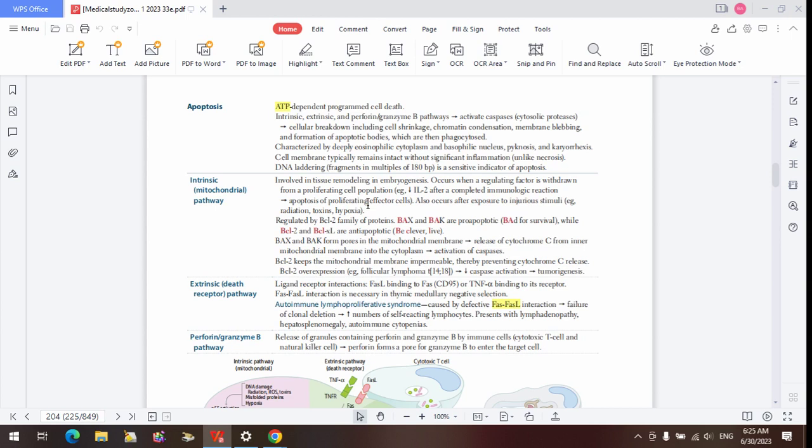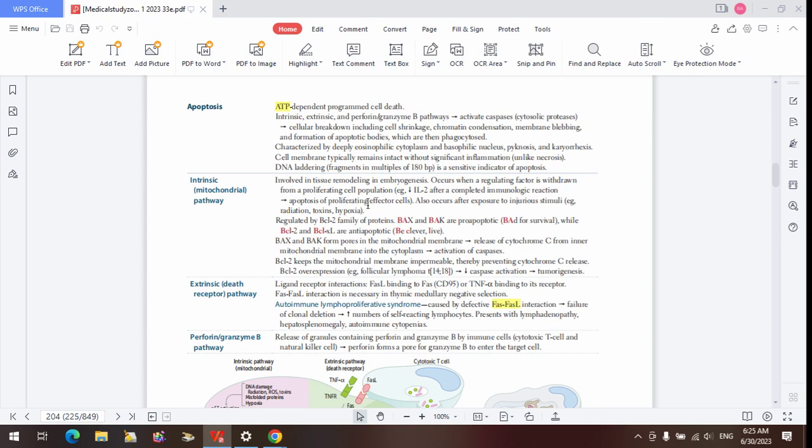We also talked about apoptosis occurring in normal embryogenesis, which is one of the programmed cell death pathways, tissue remodeling in embryogenesis, and when a regulatory factor is withdrawn, and the other ones I've talked about. We also said it's involved in negative selection in the thymic medulla, and it's also involved in mediating cell death from exposure to cytotoxic T cells and natural killer cells.